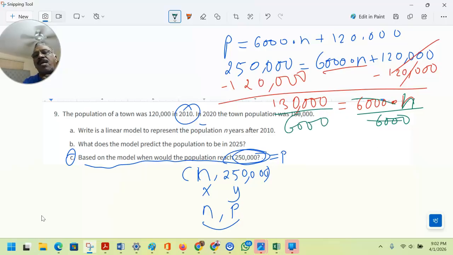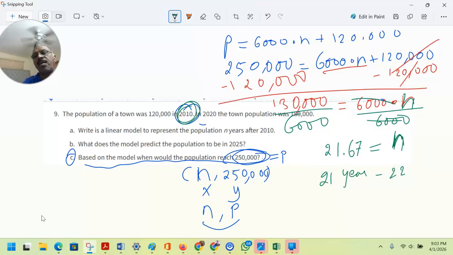And this crosses out, you get N equals 130,000 over 6,000. So if you use the calculator, you'll get 21.67. So what this means is, since 2010, somewhere after 21 years, between 21 years and 22 years, the population will be 250,000.